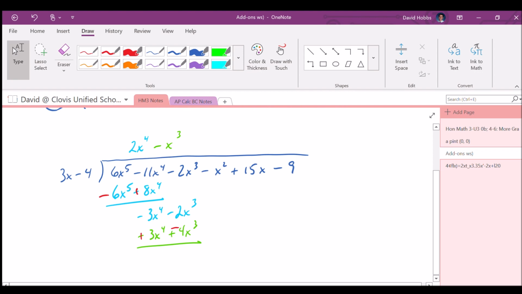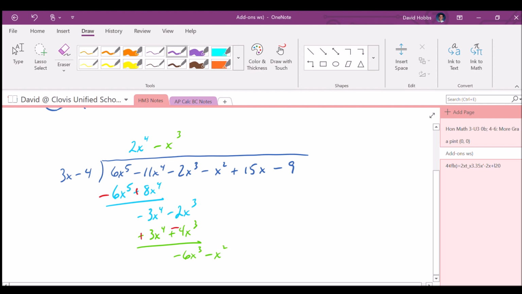Okay, so first terms always eliminate, or something is desperately wrong. But negative 2x to the third minus 4x to the third is negative 6x to the third. Okay, bring down the next term, minus x squared. And just so that we can continue to see what's going on, I'm going to keep a different color going again.